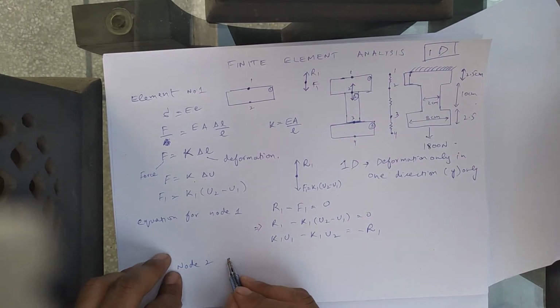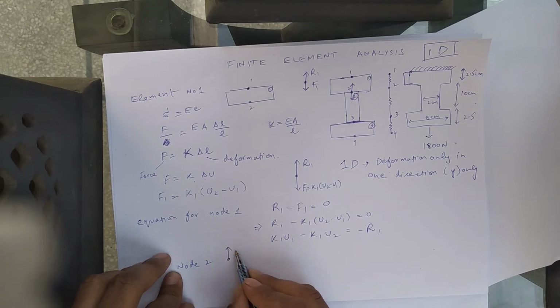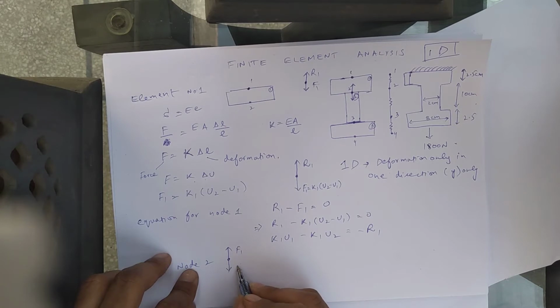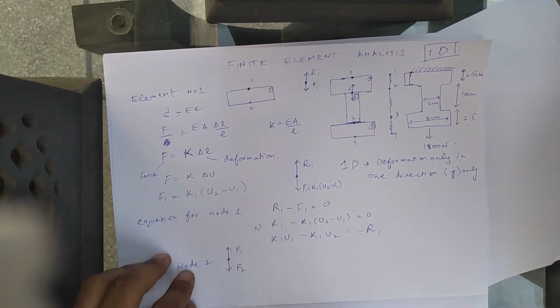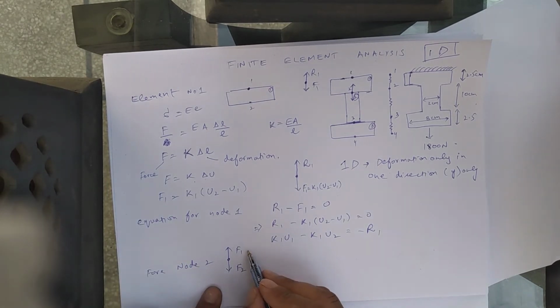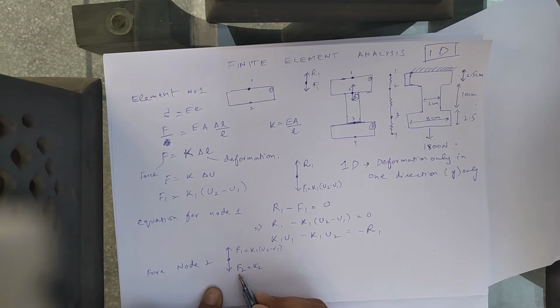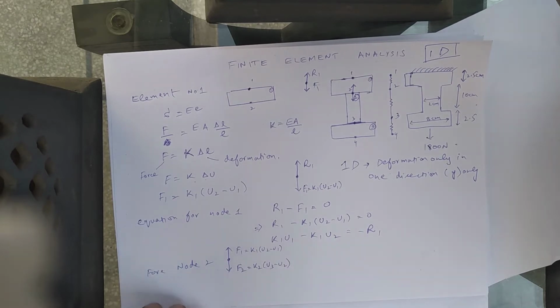So on node 2 we have this force which is F1, and we have this force downwards applied by the element number 2, that is F2, right? So F1 will be equal to K1 U2 minus U1, and F2 is equal to K2, the stiffness constant for element number 2, times U3 minus U2.